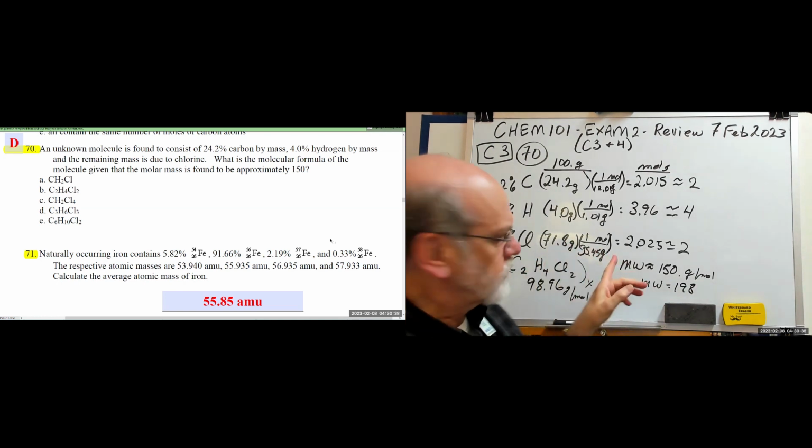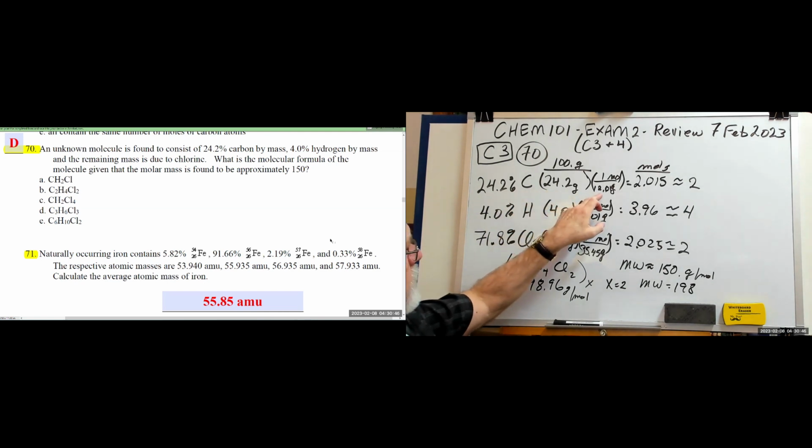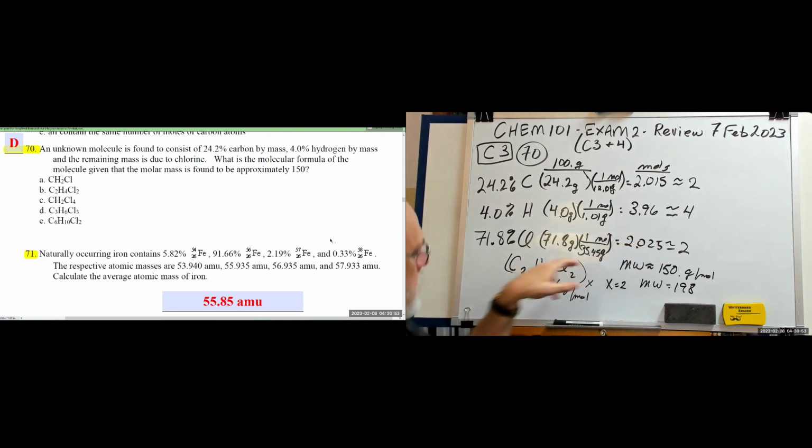I'm wondering, did I do this right? 24.2% carbon divided by 12 is about 2. That's right. 4 is about 4, yeah. And then left over, is this right? Let me check it out. 24.2, 4 plus 71.8, that's right, makes 100.